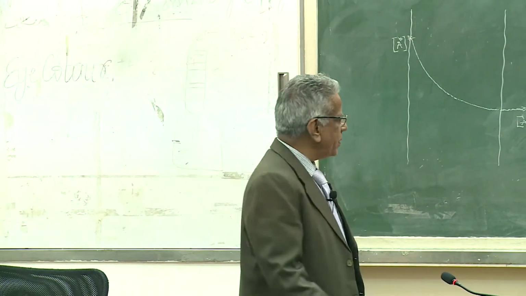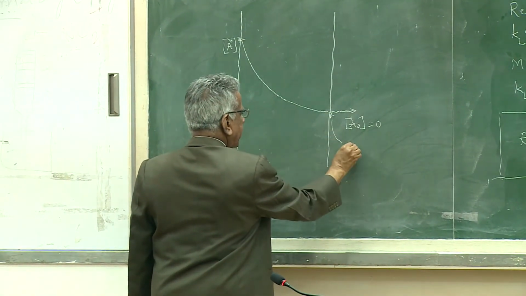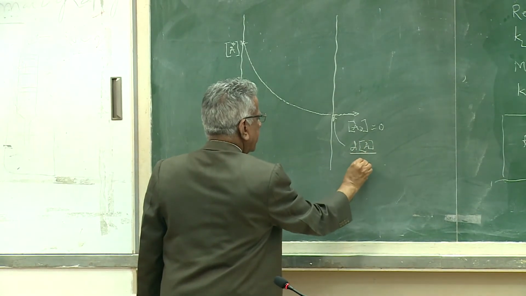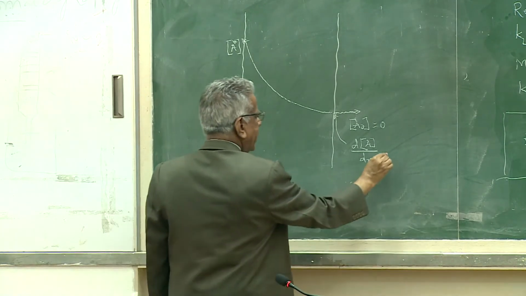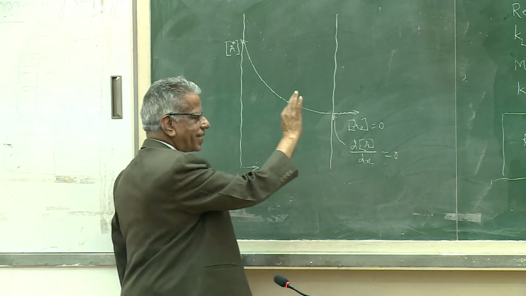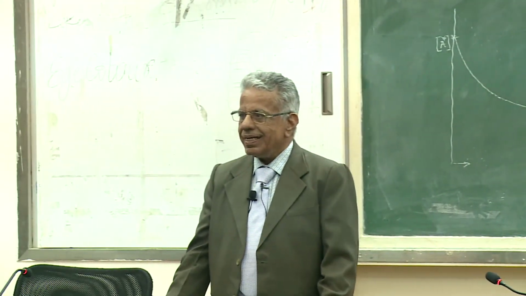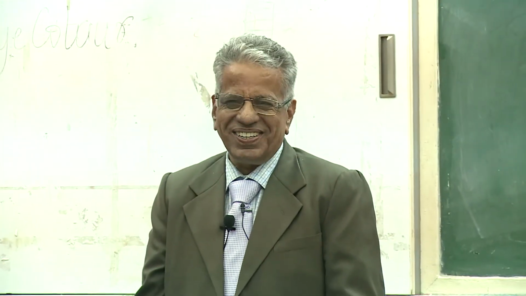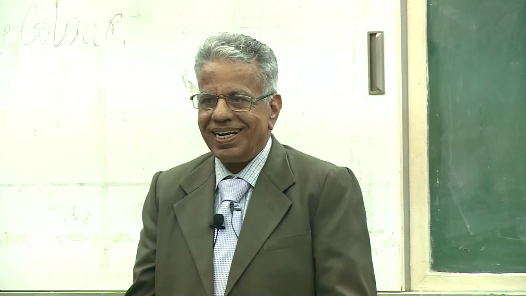And this can happen only if at this point, suppose this dimension is x, dA by dx is equal to 0. Slope is also 0 and A0 is also 0. Then all the reaction happens in the film. It does not enter the bulk means slope is 0, and its value is equal to 0 means anyway it is completely reacted, right.